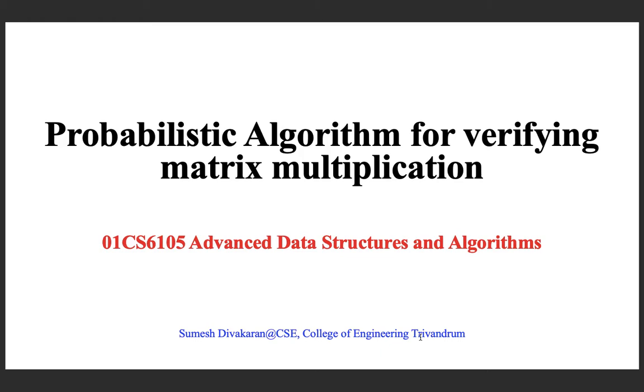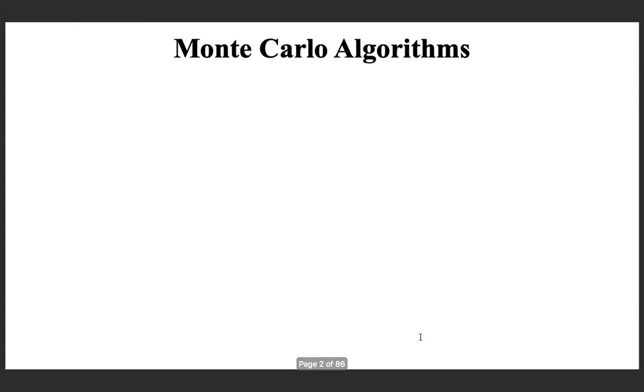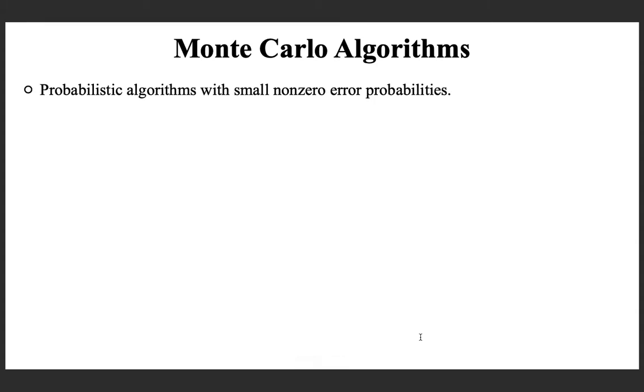Probabilistic algorithm for verifying matrix multiplication, and we are going to see a Monte Carlo algorithm for that. What are they? They are probabilistic algorithms with small non-zero error probabilities.